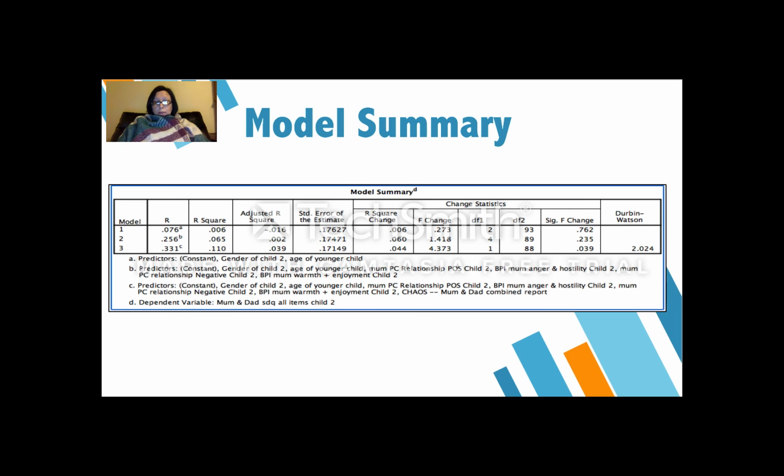Well, this increase yields an F ratio of 4.37, which is significant at a p-value of 0.04. So the change statistics therefore tell us about the difference made by adding new predictors to each of the models.